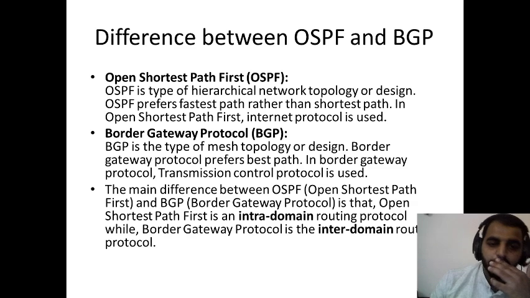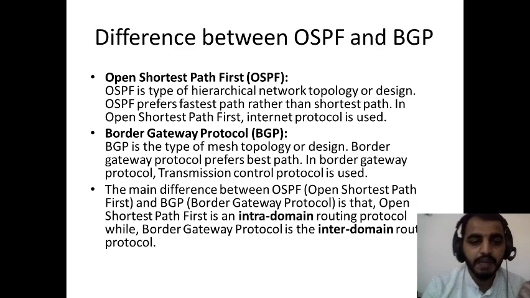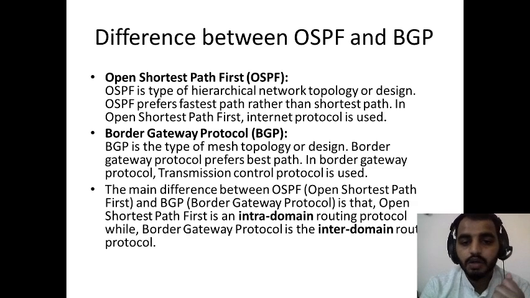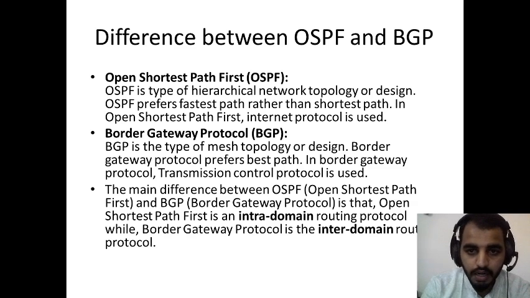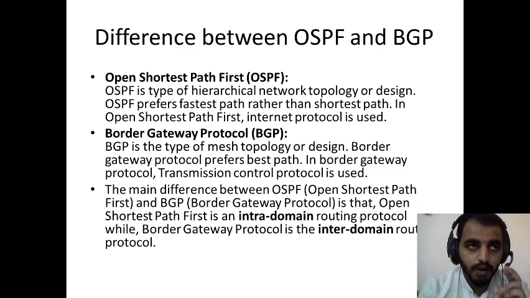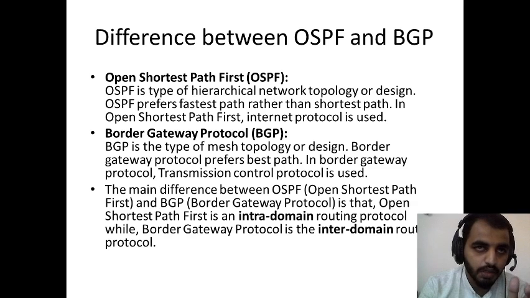Now, coming towards Border Gateway Protocol, BGP is a type of mesh topology. If you remember, I told you about the different types of topologies. Here we have two types: hierarchical topology and mesh topology. To understand what these are, go through the different types of topologies so that you can understand in a better way.